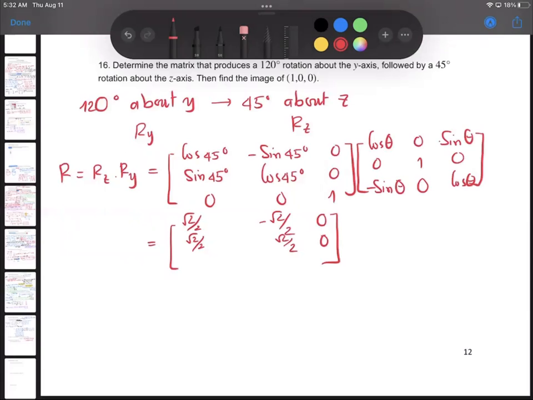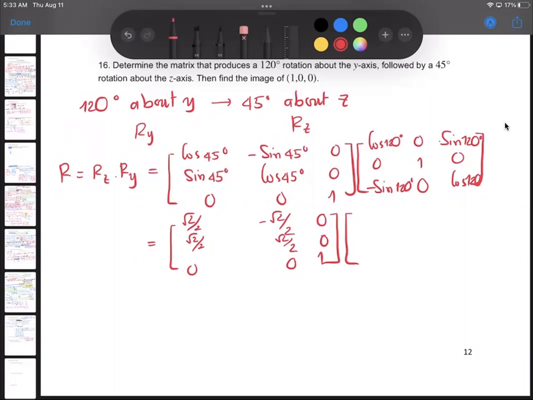Oh, I forgot to plug in the 120. I should have just put it in here. 120, 120. Right, cosine of 120 degrees is negative 1/2. And 0, sine of 120 is √3/2. 0, 1, 0.